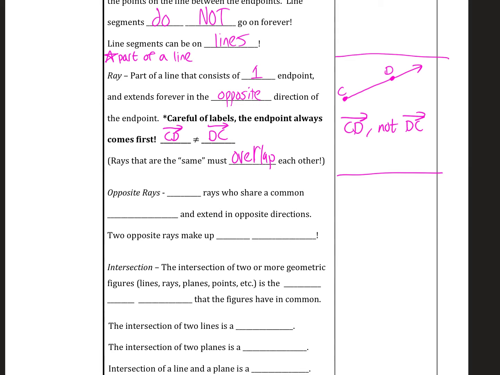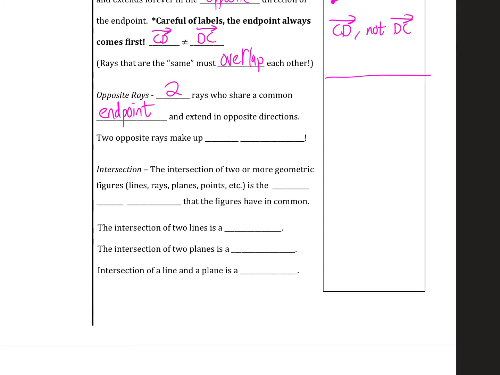So opposite rays are 2 rays that share a common endpoint and extend in opposite directions. Two opposite rays make up one line.